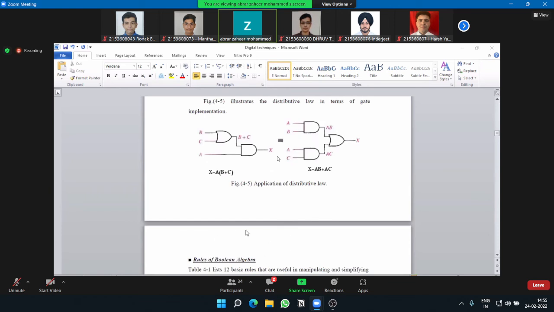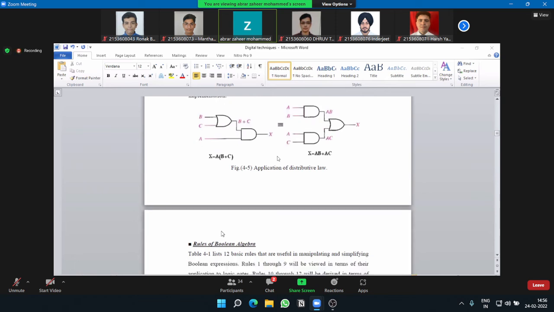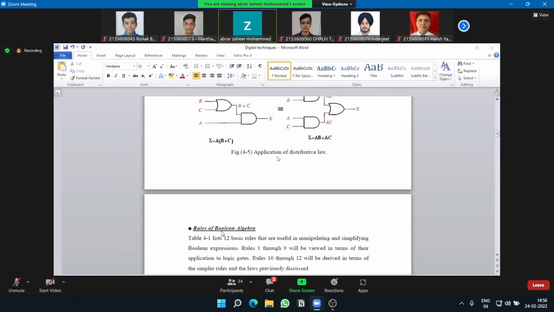What are the different rules of the Boolean algebra? Anybody can tell me the rules? What are the rules of Boolean algebra?